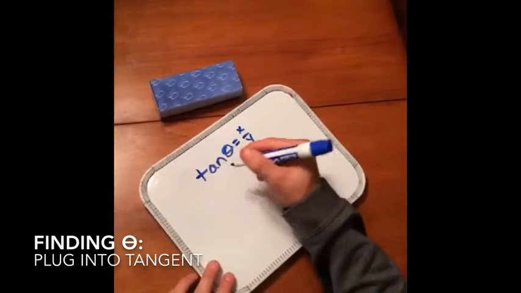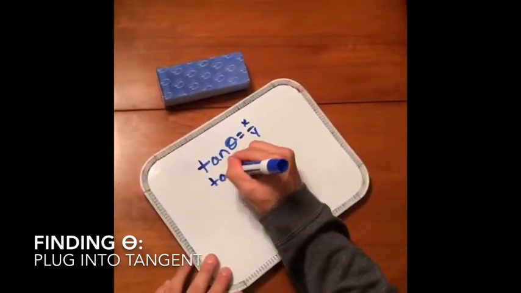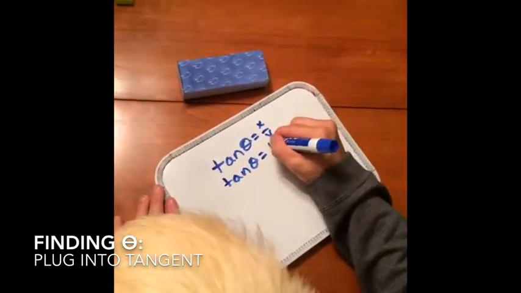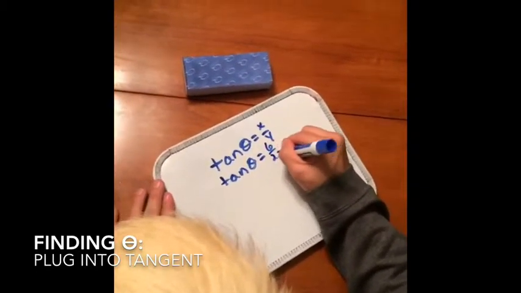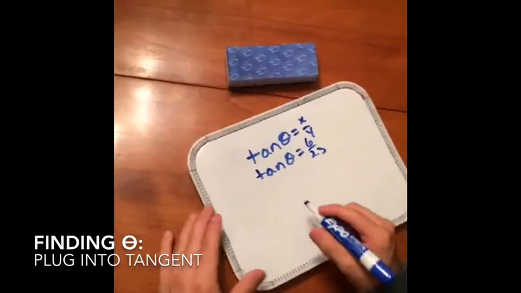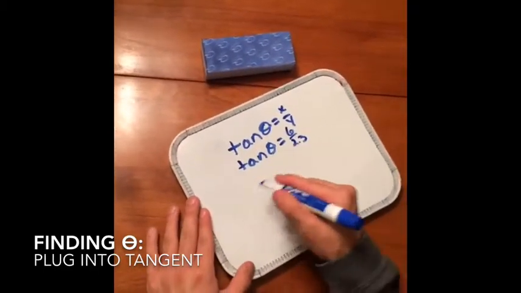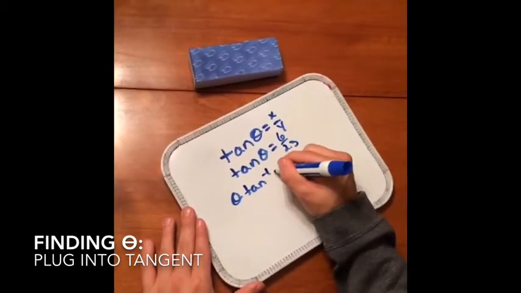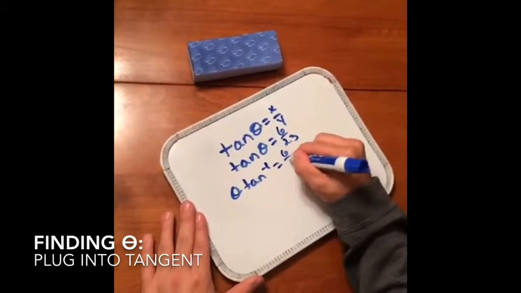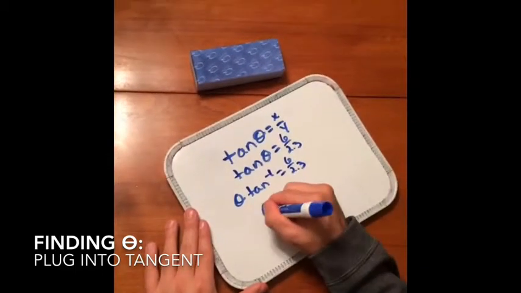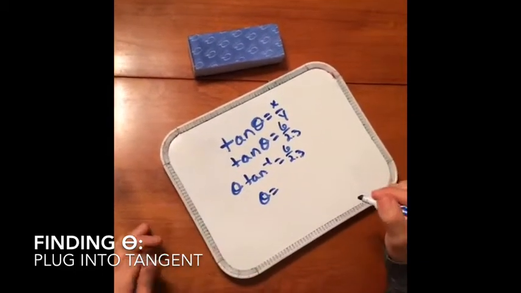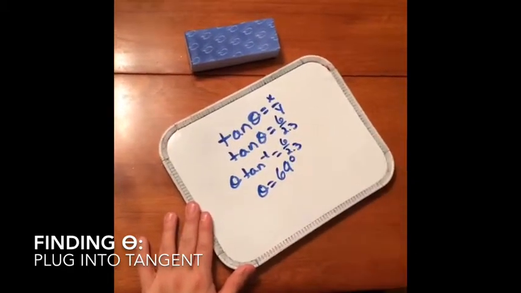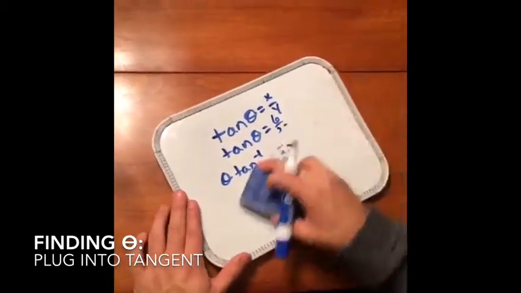Now we can plug in our x and y, which is 6 and 2.3. Now when we plug into a calculator, since we're finding theta, we need to do the inverse tangent, since it's an angle, which is 6 over 2.3. So that calculator spits out theta is equal to 69 degrees. So now we have theta.